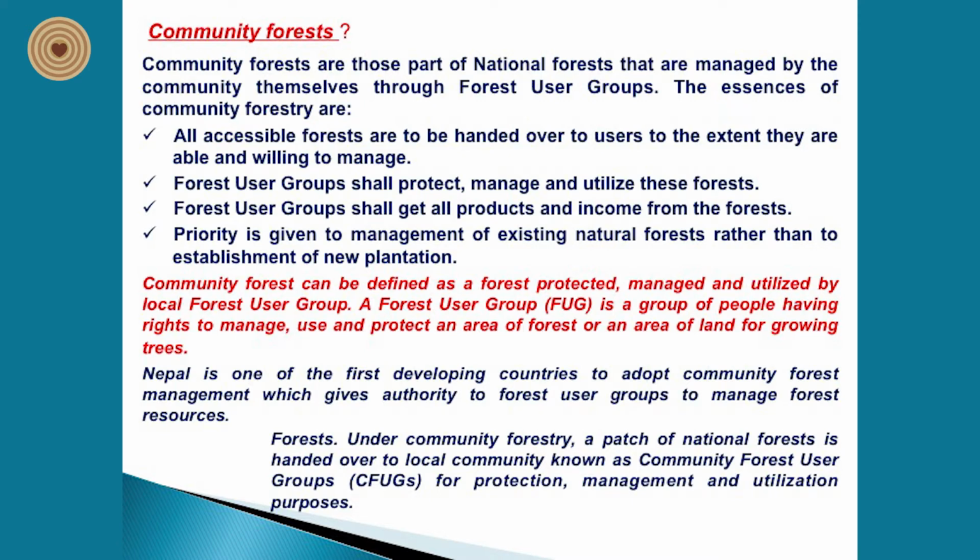The essence of community forest is that all accessible forests are to be handed over to users to the extent they are able and willing to manage. Forest user groups shall protect, manage and utilize this forest and get all products and income from the forest. Priority is given to management of existing natural forests rather than establishment of new plantations.